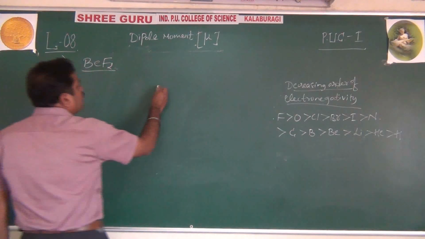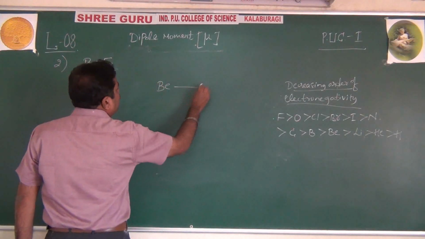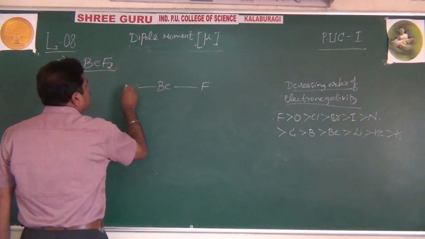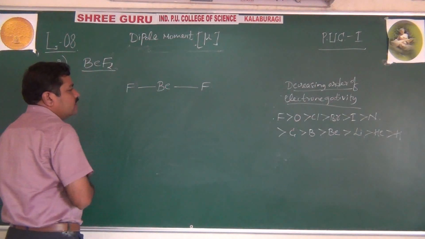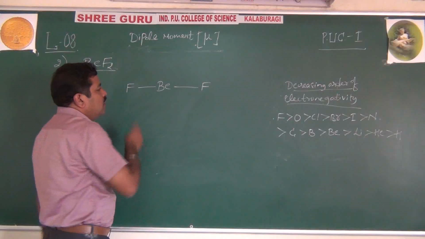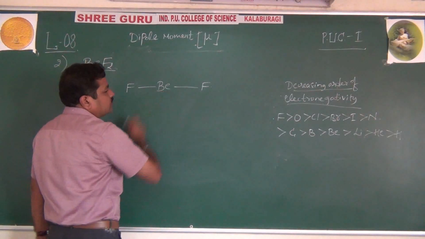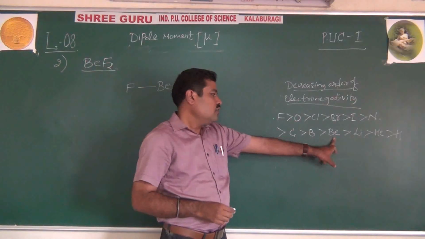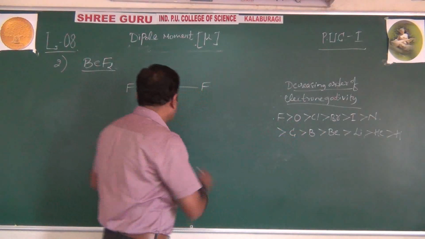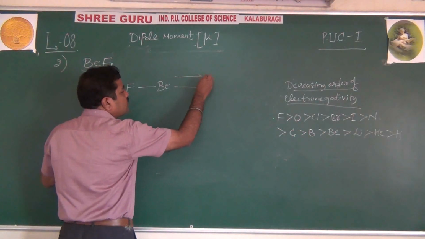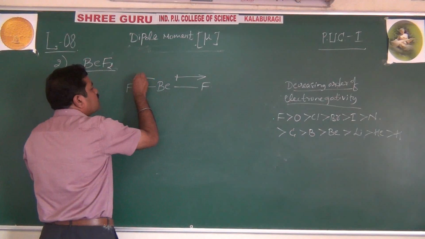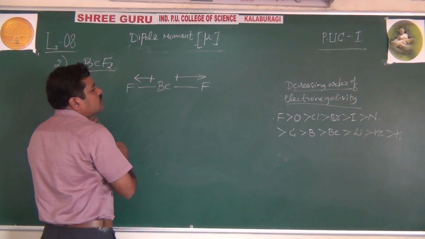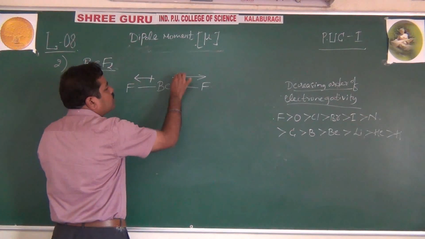According to your Hybridization formula, it is a linear molecule, BeF2, that you already know, right? See, beryllium is here. Fluorine is more electronegative. Therefore, bond moments need to be shown towards fluorine. Now you see, these bond moments are opposite to each other.